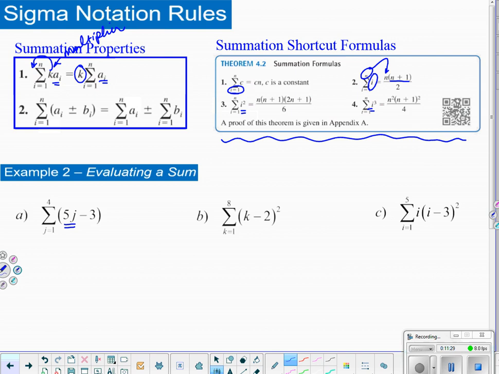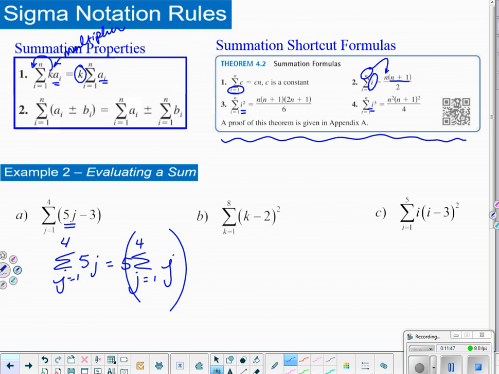This would be an example of that situation where I have the summation of j equals 1 to 4 of 5j. Well, I could say that this is going to be equivalent to 5 times whatever the sum of j from 1 to 4 was.